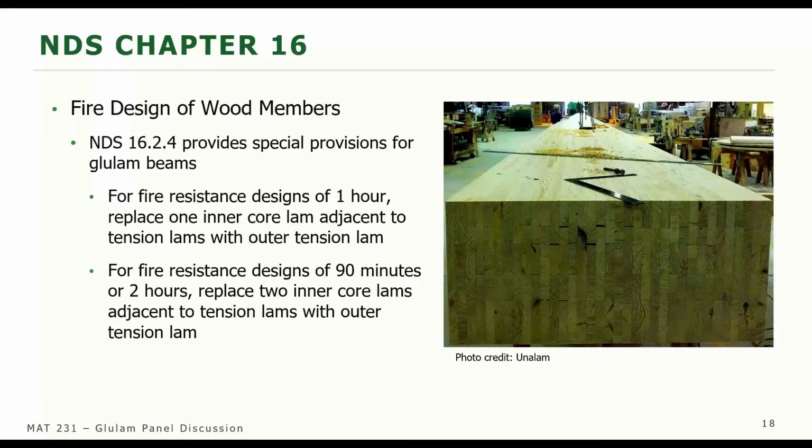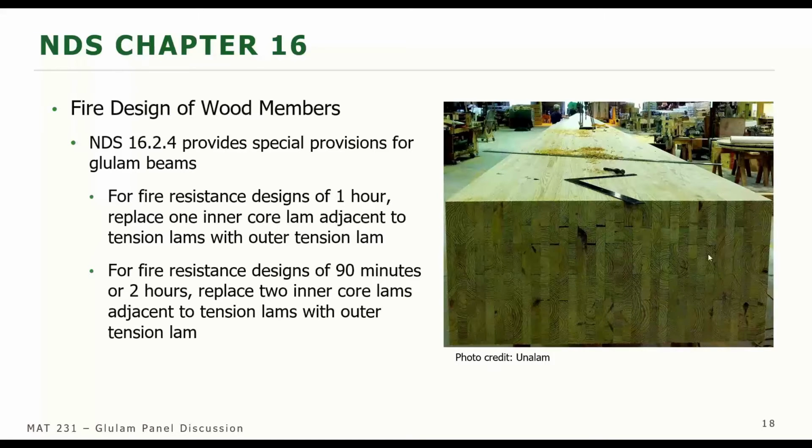And it essentially has two provisions. If you're designing a beam for a fire resistance design of 1 hour, you would replace one of the inner core lams. I know Bob's going to get into some terminology and explain this a little bit better, but just imagine, if you will, this beam here in our photos on its side.